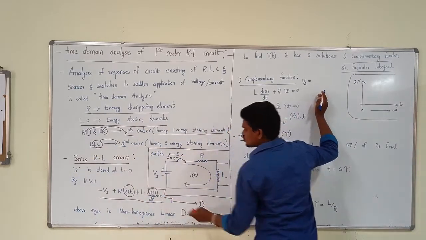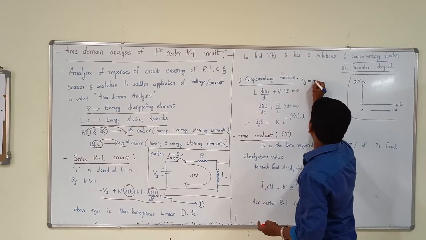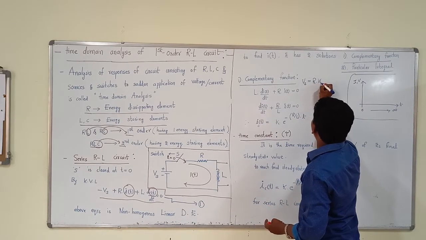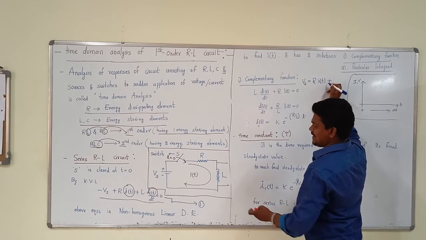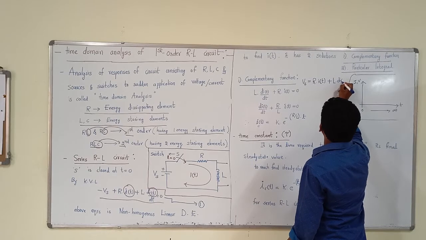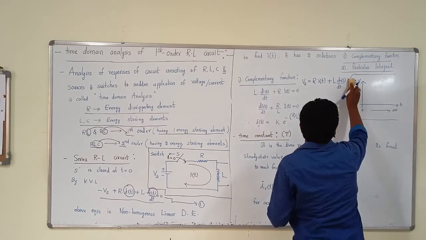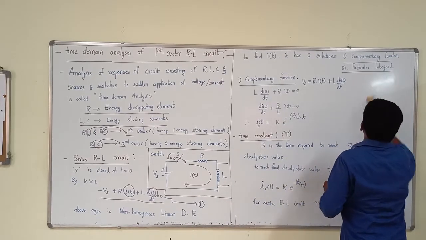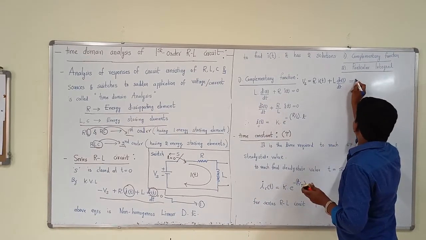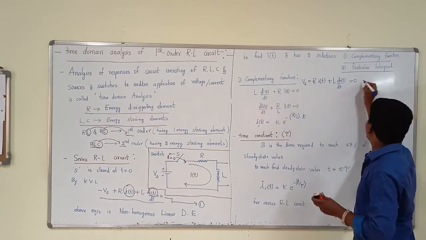Source voltage goes to the other side and becomes plus, and the remaining terms are R into I of t plus L into di of t by dt equals 0.